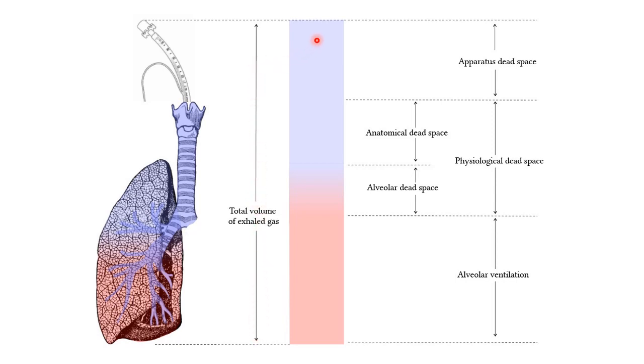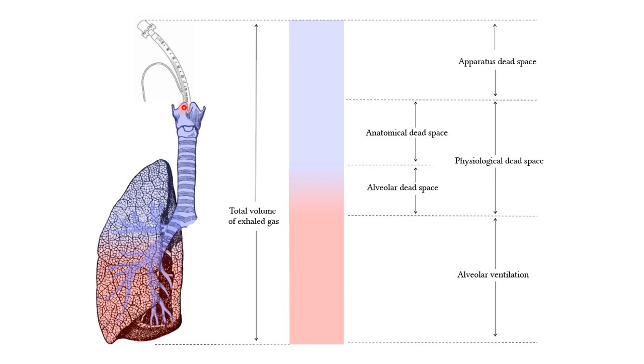And you have here afterwards a color gradient. Okay, so first, remember that dead space is the volume of the respiratory tree filled by air that does not contribute to gas exchange because it has not come in contact with the alveolus.